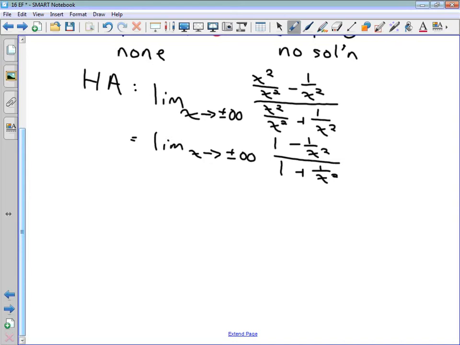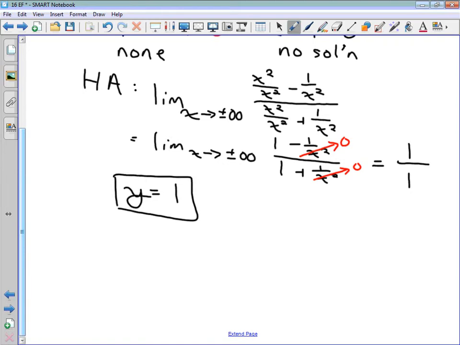What's going to happen to the terms that are 1 over x squared as we take our limit, Luca? They're going to go to 0. So our limit is going to be 1 over 1, which is just 1, so our horizontal asymptote is y equals 1.